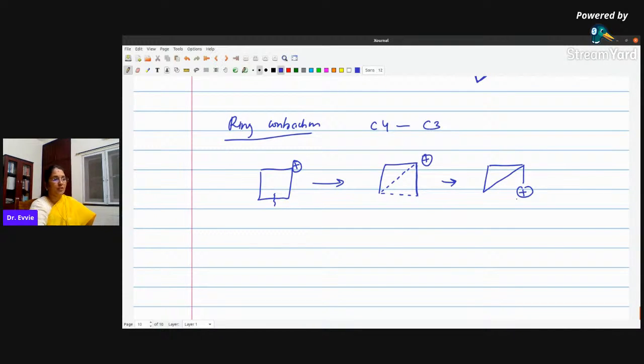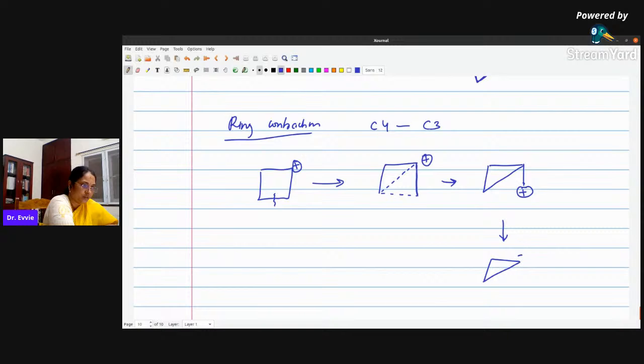Now this is your intermediate. What is this? This is a primary carbocation. Given a chance, it can move one. As I told you here, there will be a hydrogen, so it will shift. This positive charge can move here. See here?